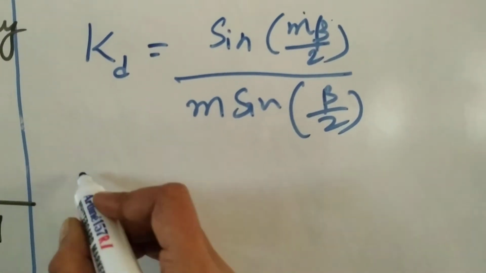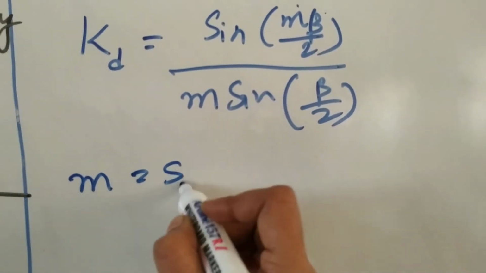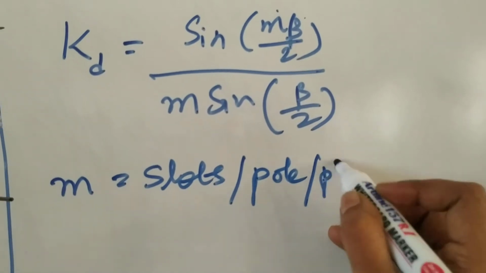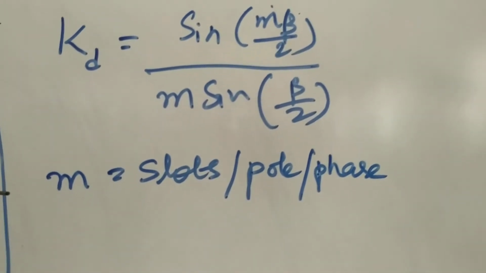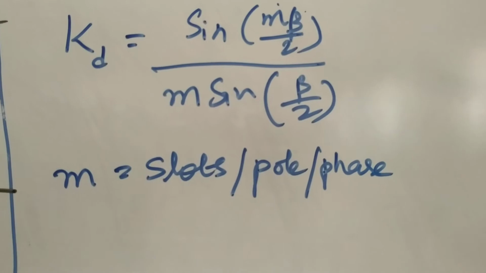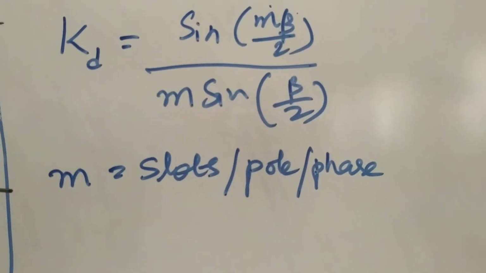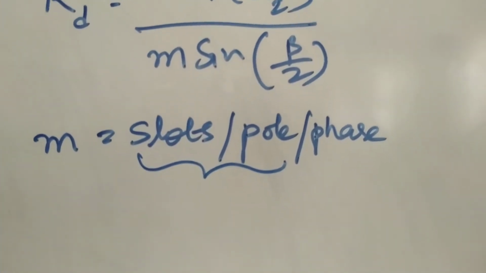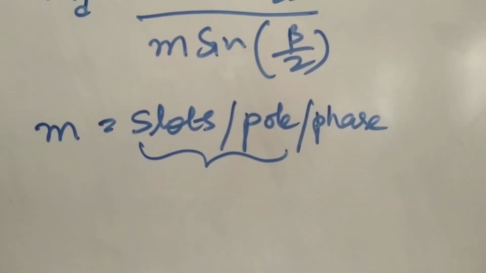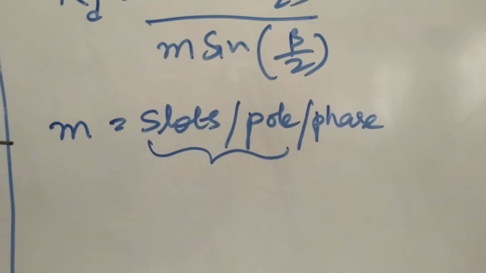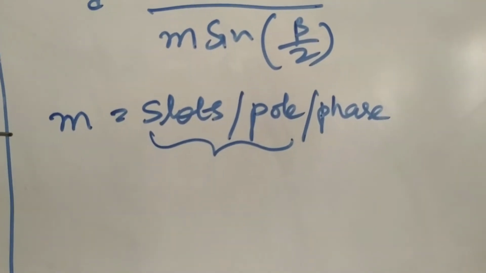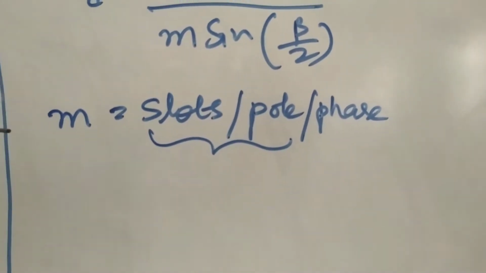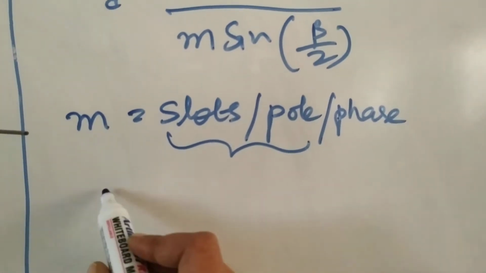How do we solve this? First we have to determine the slots per pole, which we can solve since the number of slots is given: 144 slots.